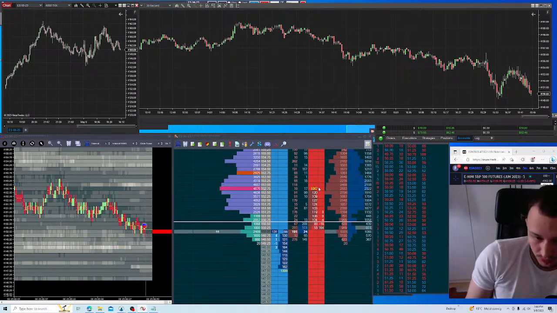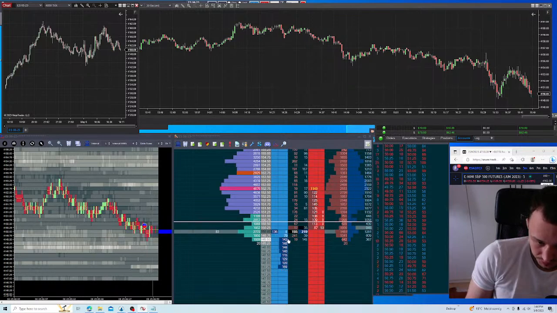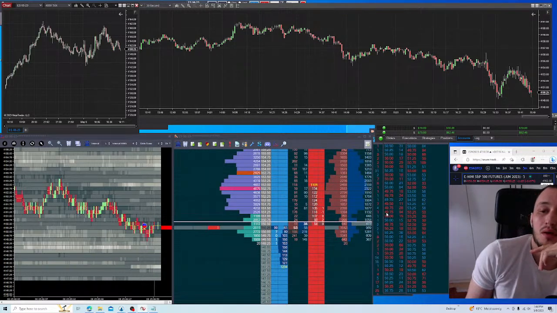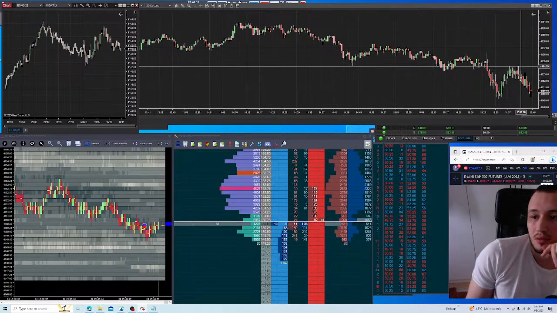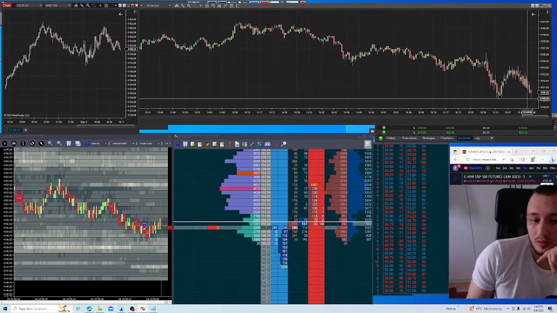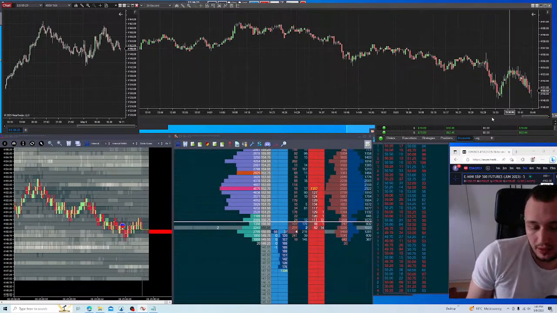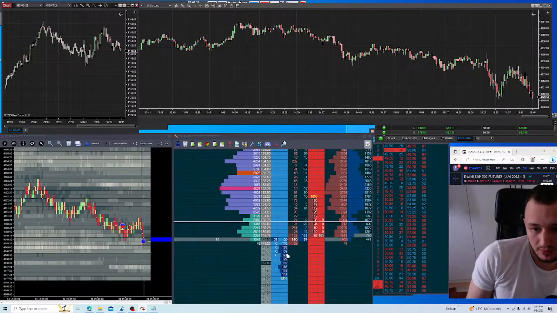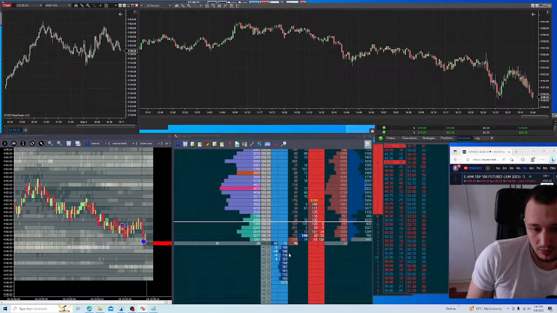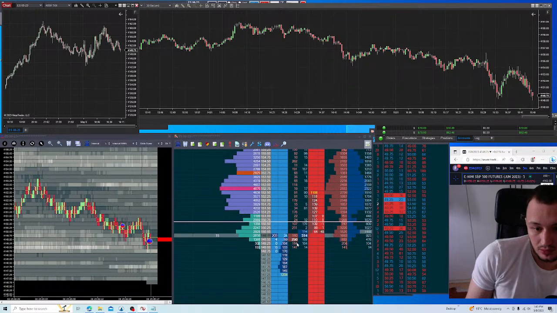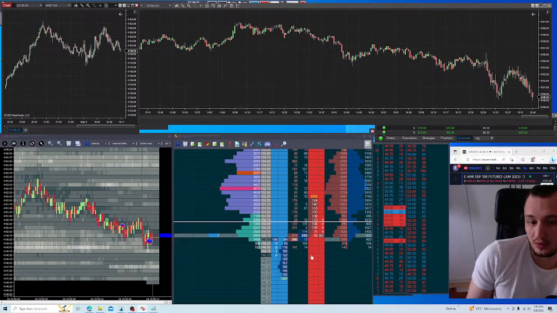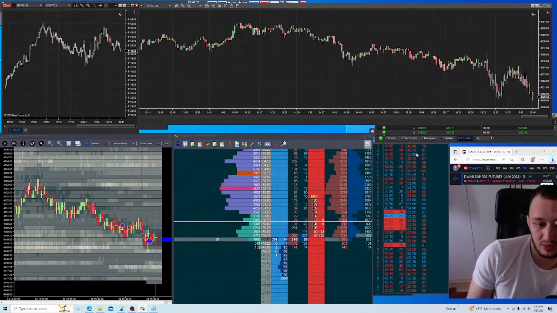What can you do? I do think we want to make a new low, at least by a tick or two here. Let's see if we have follow through. We do have follow through, so we might be in lower. We do have big size follow through.